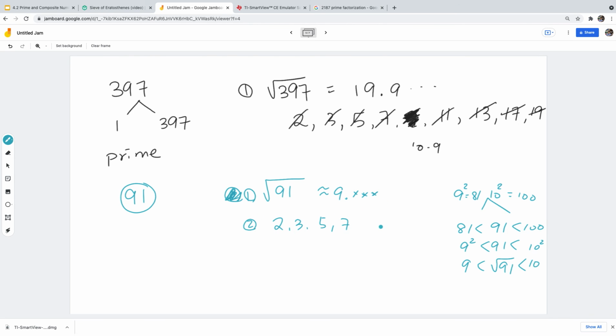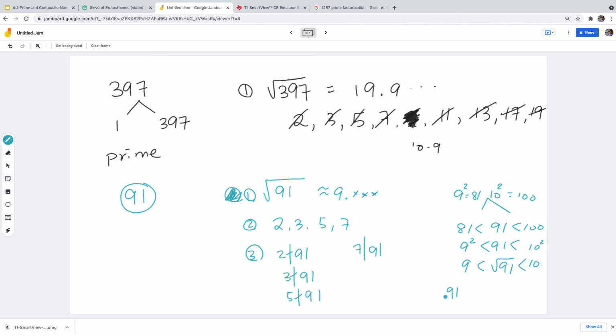So you're just gonna check divisibility by these numbers. Does 2 divide 91? No, it doesn't. Does 3 divide 91? No. Does 5 divide 91? No. Does 7 divide 91? Actually it does, doesn't it?